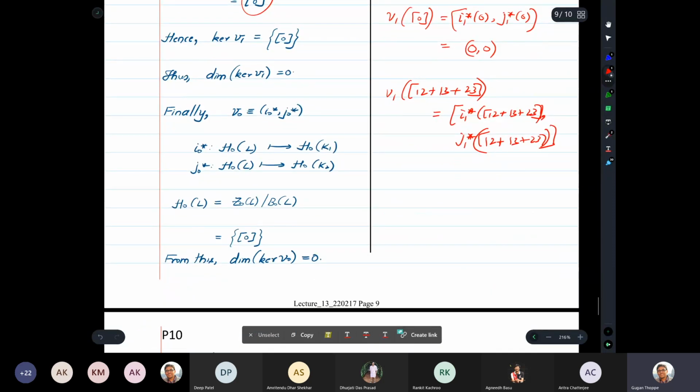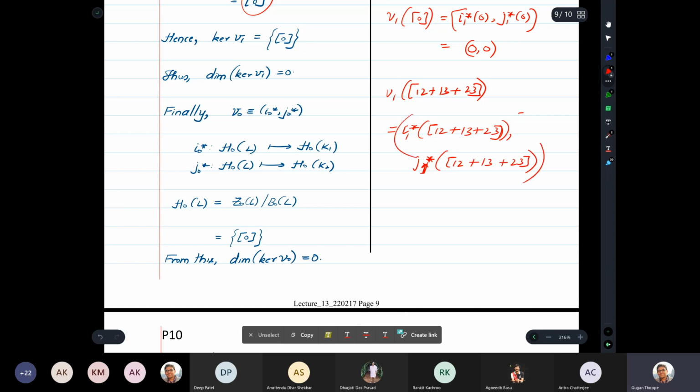I should put some round brackets over here. Okay, so this is what we will end up with. I1 star maps it to [1,2]+[1,3]+[2,3], whereas J1 star maps it to 0.